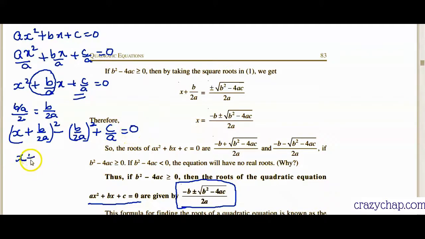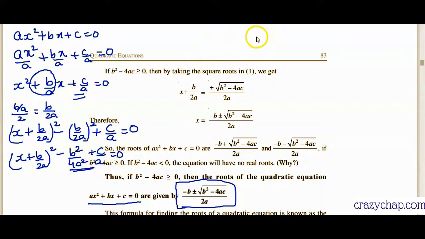x plus b over 2a whole square, and this is negative b square over 4a square, right? b square over 4a square, and that is plus c over a equal to 0. Now guys, we'll bring this thing to the other side.